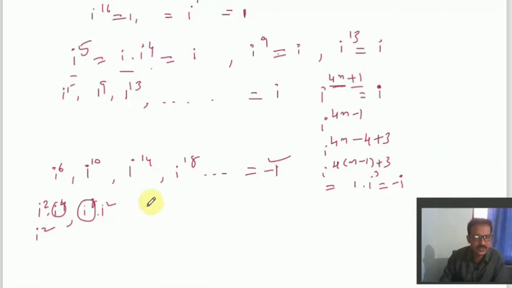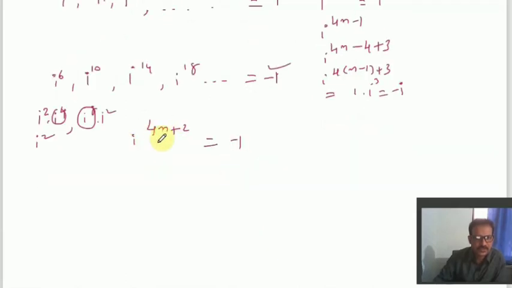That's why numbers in the form of i power 4n plus 2 always have the value minus 1.